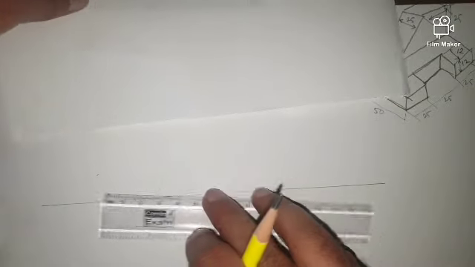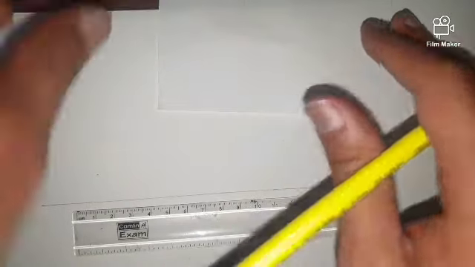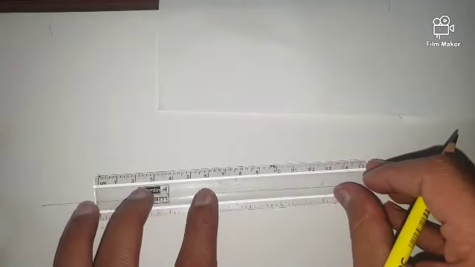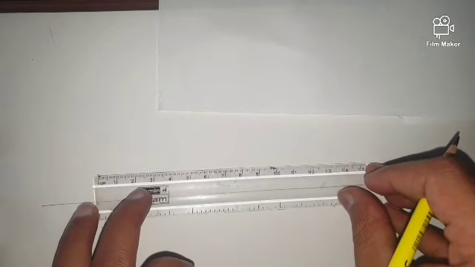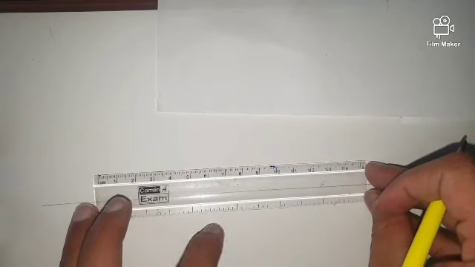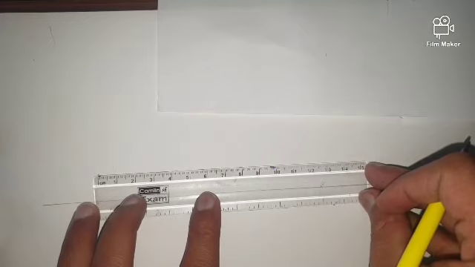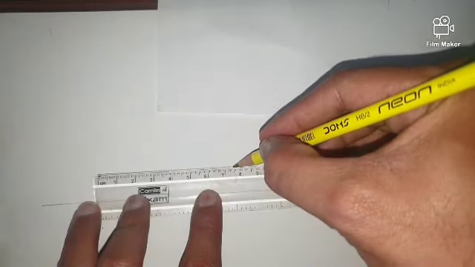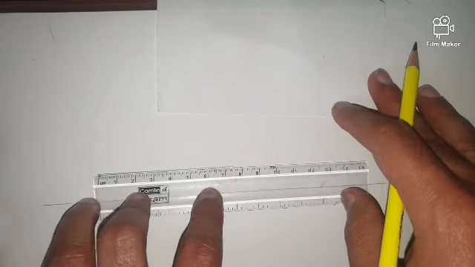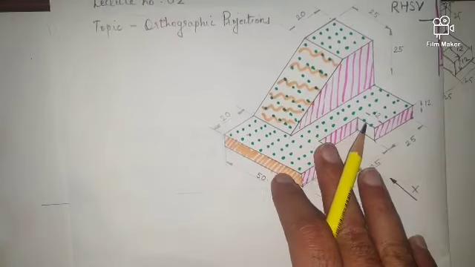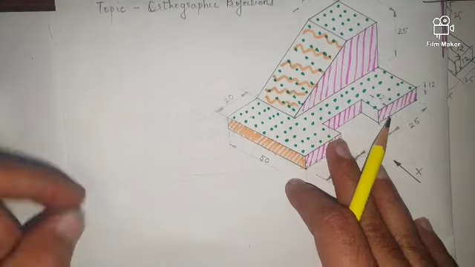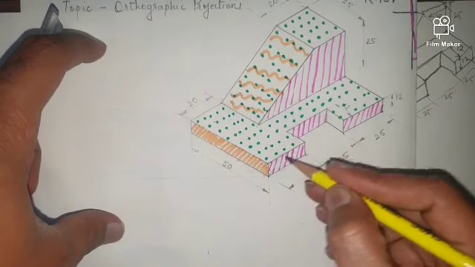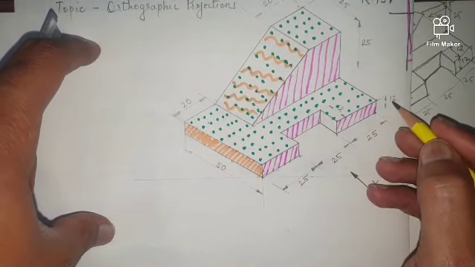It makes 75. So from this point, I'll draw a 75 mm line. The next up is this height. This height is 12. It is given here, 12.